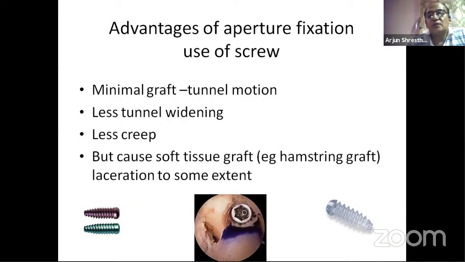But with the soft tissue graft, it can to some extent cause laceration of the graft, because the thread of the interference screw is very sharp. Sometimes the tunnel is very tight. Sometimes one or two bundles may become lacerated during the insertion or when giving some tension.